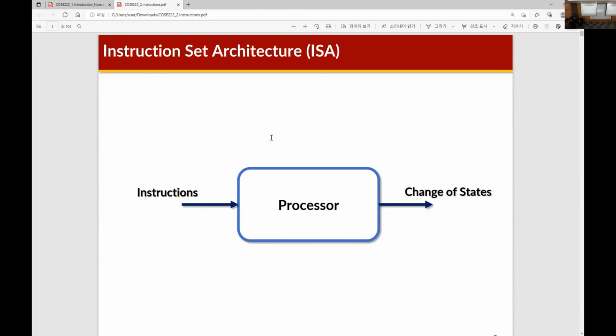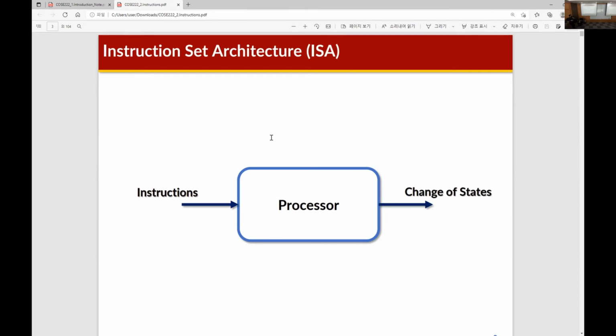So then it's my question: what is a processor, and what is a computer? This figure shows the concept of a processor or a CPU. So what does that mean? I said that the processor receives the instructions and then generates the result, the result defined by the instruction set architecture.